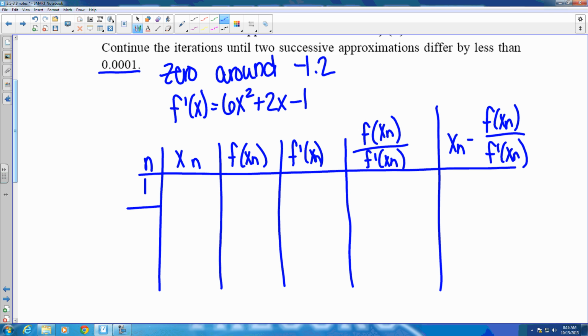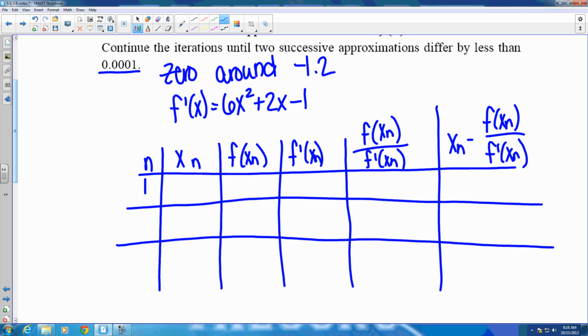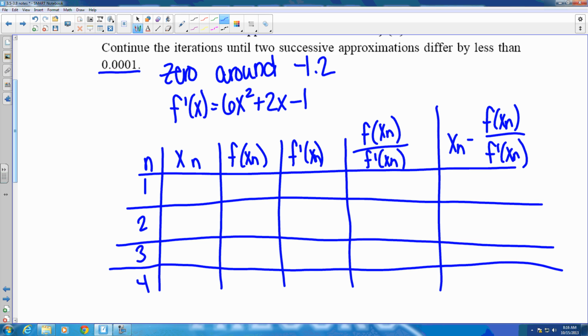We make our first n, 1, 2, 3, 4. So our first xn, we said we're going to start at negative 1.2 just for guessing purposes. Plug that into f, we get 0.184. Put that into f prime, you get 5.24.